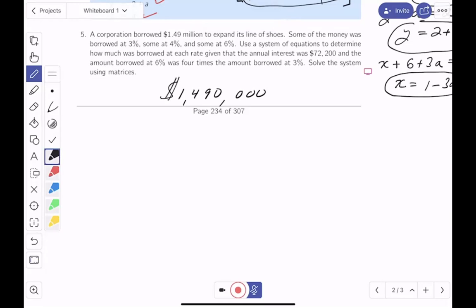Some of the money was borrowed at 3%. So I'm going to say x was borrowed at 3. Okay. Some was borrowed at 4. And some was borrowed at 6.